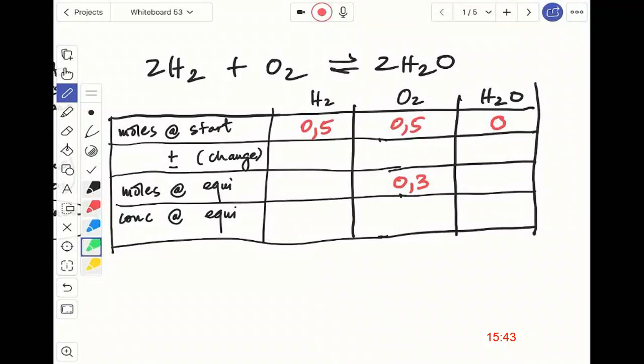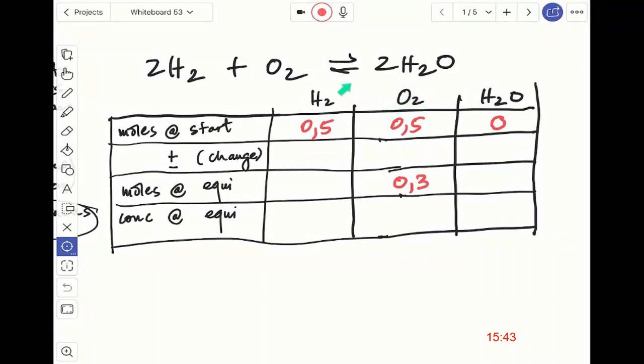I go to the column where I have 2 pieces of information. And in that column, I had 0.5 moles of oxygen, and after I've reached equilibrium, I have 0.3 moles of oxygen.